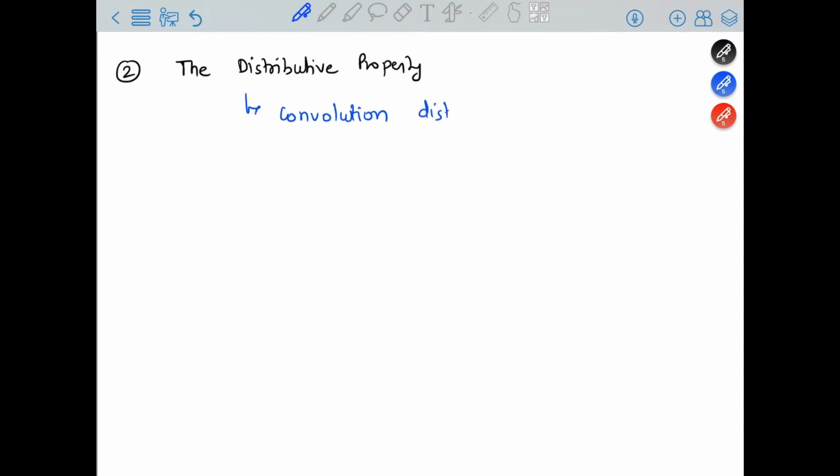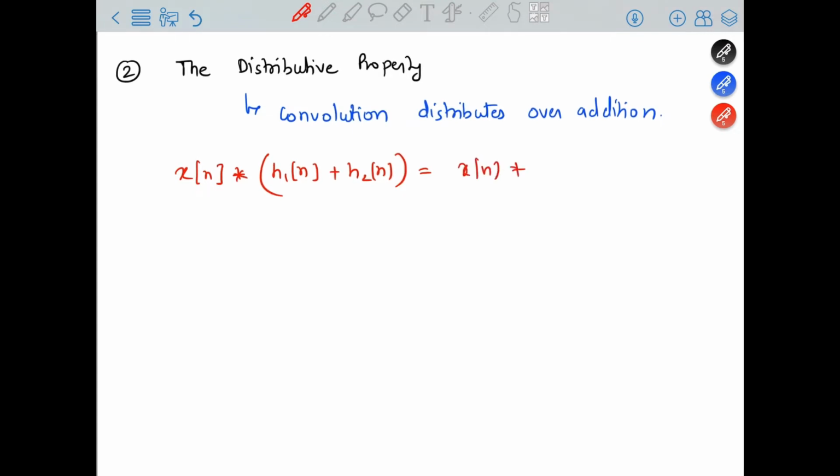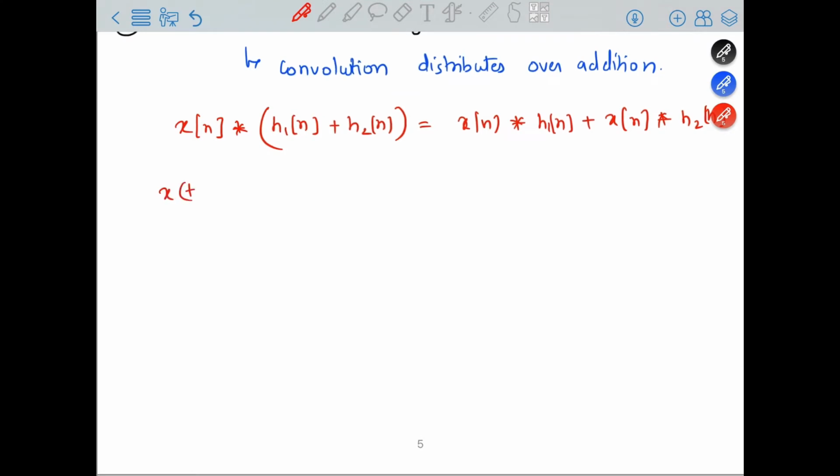Mathematically, for a discrete time signal x[n], we can write x[n] convolve with h1[n] plus h2[n], where h1[n] and h2[n] are the impulse responses of two systems, and this is equivalent to x[n] convolve with h1[n] plus x[n] convolve with h2[n]. These two expressions are equivalent.